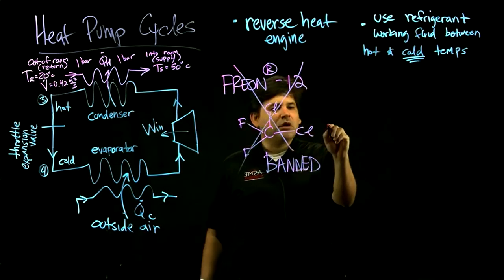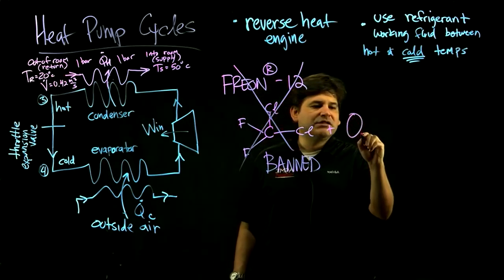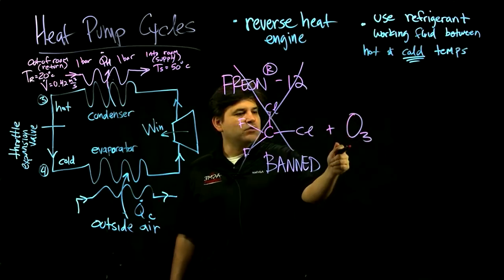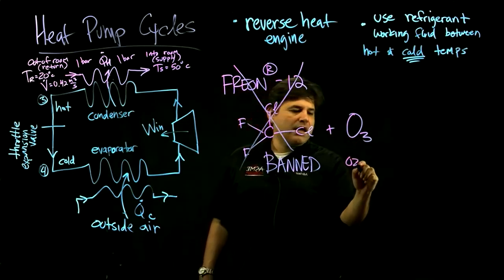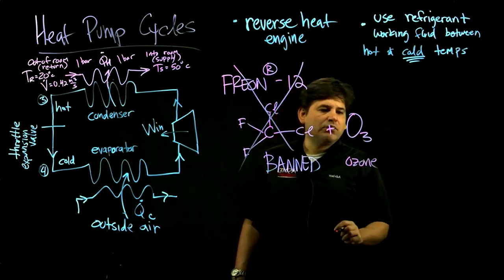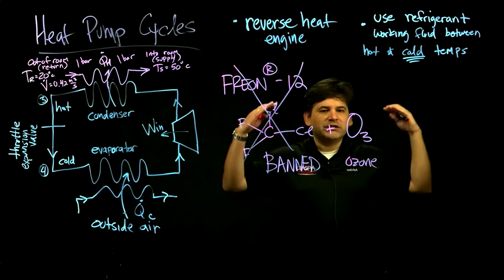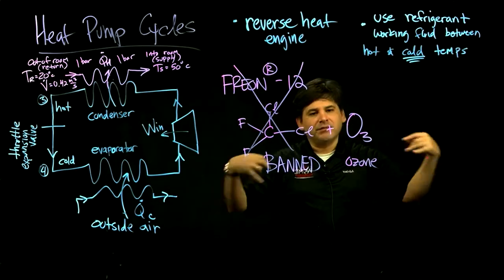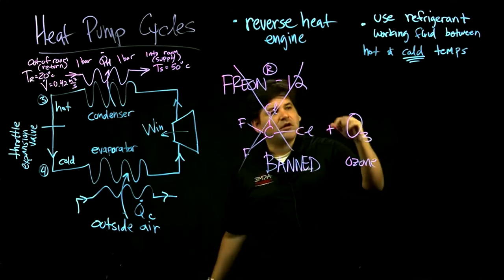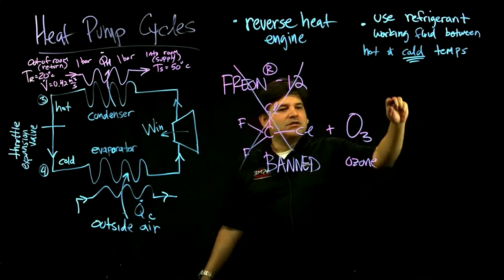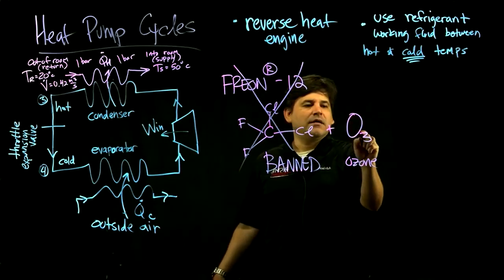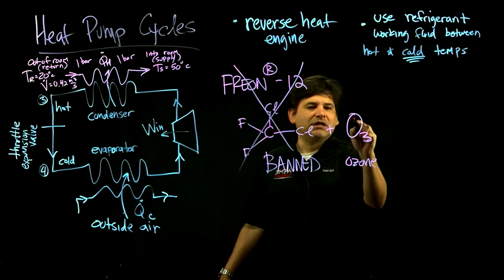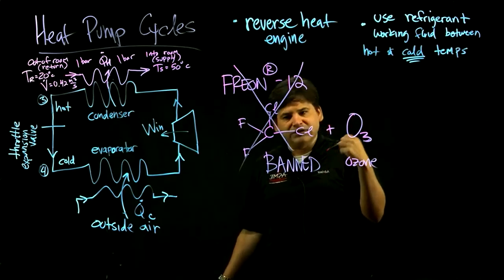Because if this molecule leaks into the atmosphere, there is a molecule called ozone. Ozone is in the atmosphere, and it helps to protect the surface, us and other things, from ultraviolet light. Ultraviolet light interacts with ozone, and it blocks us from getting that ultraviolet light, which is bad.